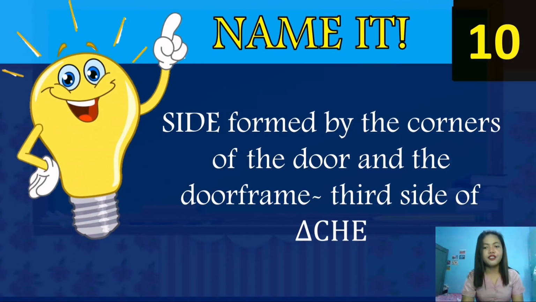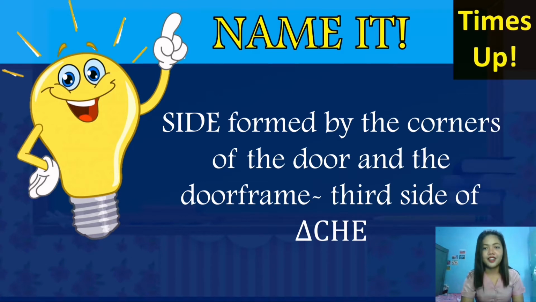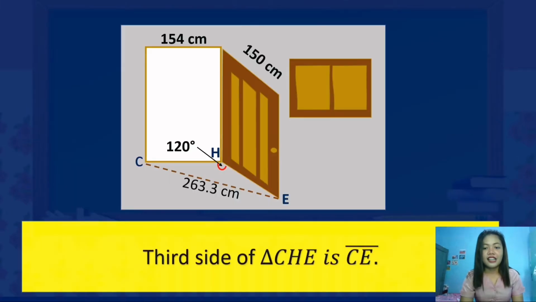What is the side formed by the corners of the door and the door frame, which is also the third side of triangle Che? Time's up. So that side is side CE.